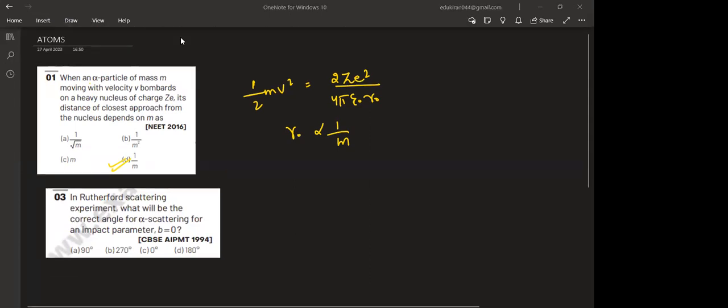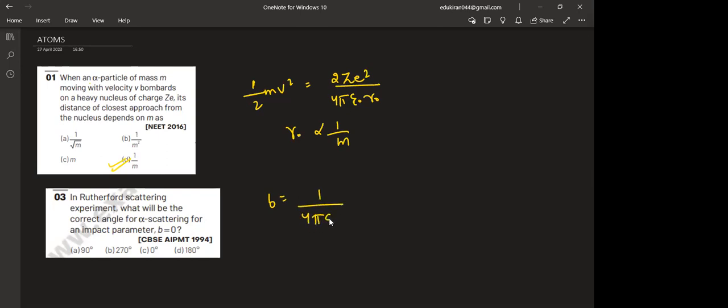The third question says that in Rutherford scattering experiment, what will be the deflection if the impact parameter is 0? Impact parameter is 0, and the angle, the deflection, we have to find out. This we have also discussed. Yes, Marika, right answer.